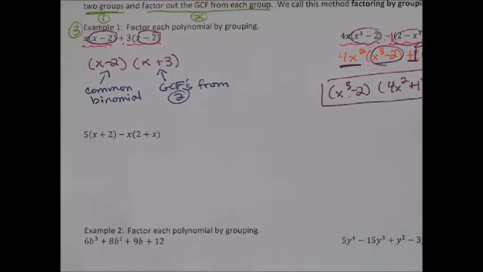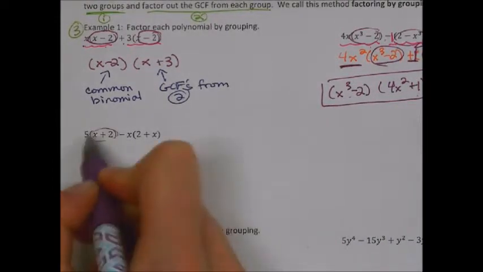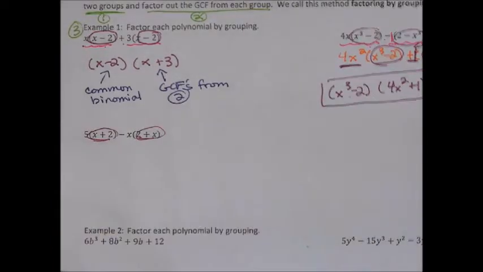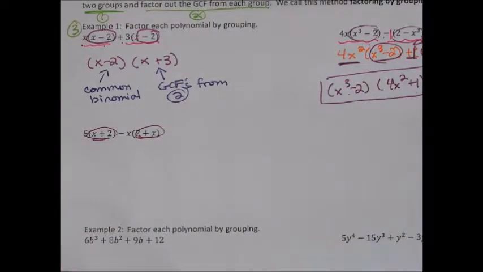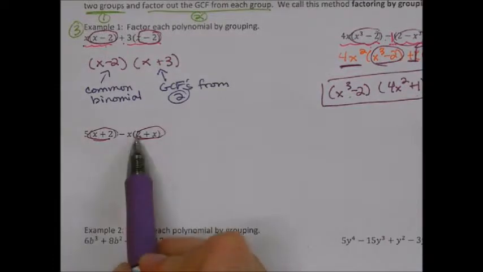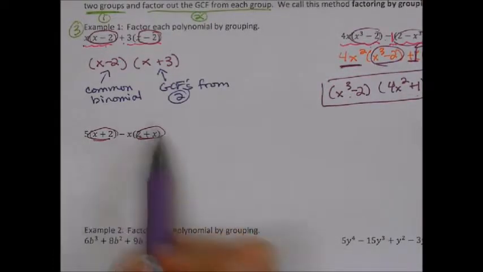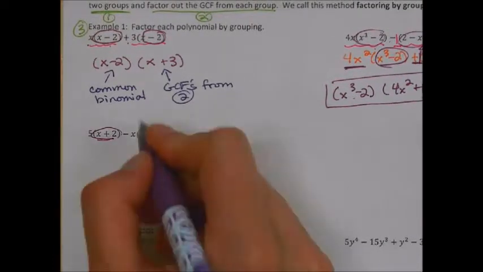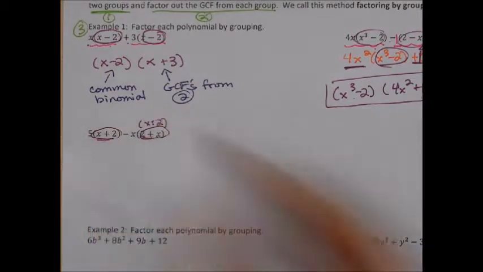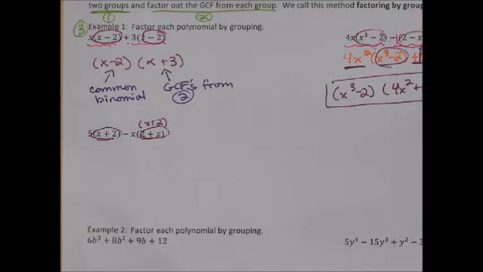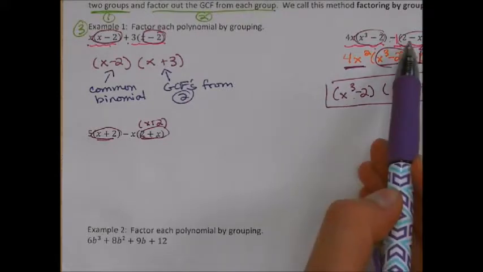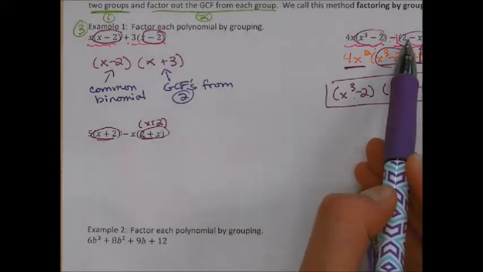Okay. I have an x plus 2 and an x plus 2. Are those the same? Well, this is 2 plus x, but can I rearrange that to x plus 2? The answer is yes. Could I have rearranged this one right here?